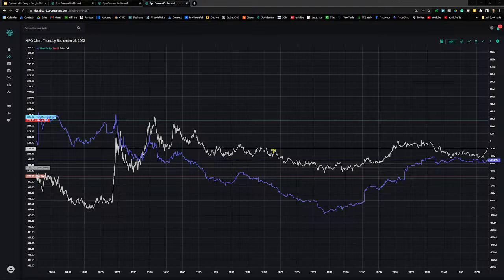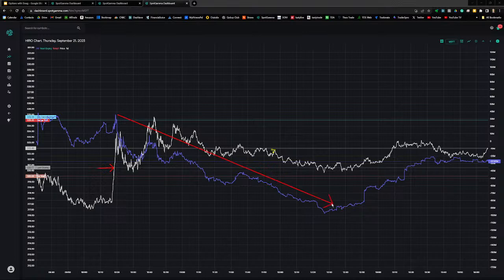I can't seem to get the right tool. All right, here we go. Sharp move higher after the news, and then almost immediately options traders start taking negative delta positions. They were fading that move higher at the 325 level.